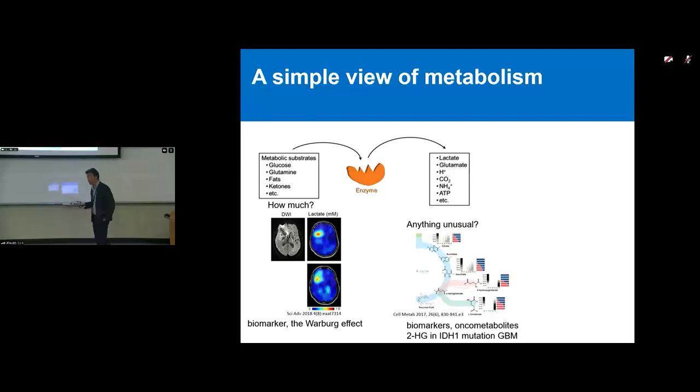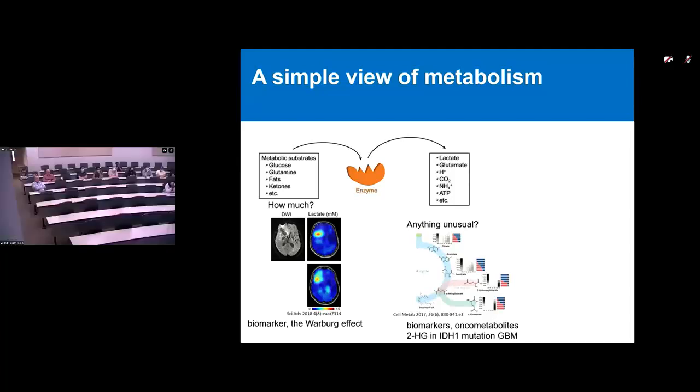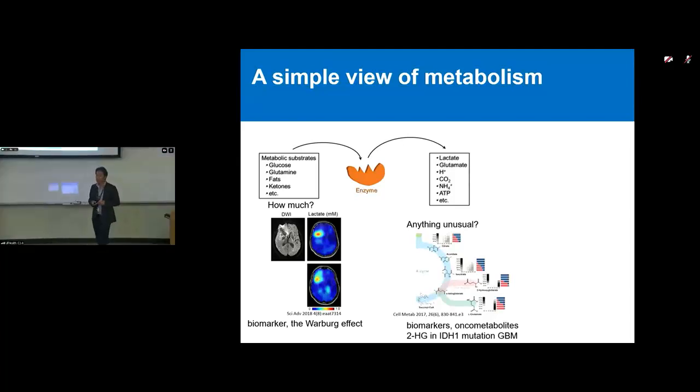Another thing that we can take a look at is: do you see anything unusual? This is probably part of the field that's called metabolomics. What that means is you look at, let's say, a tissue of a healthy individual versus a tissue from an individual who has a metabolic disease, and compare the molecules in there, and say, do we see anything different?